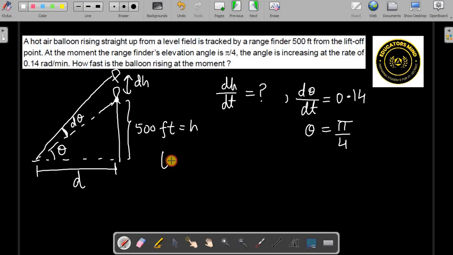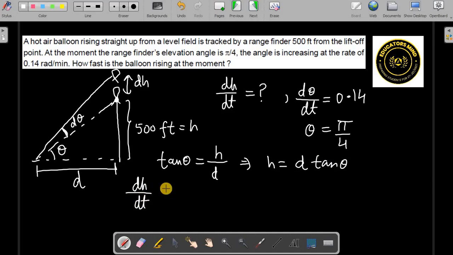Suppose you take tan theta. Tan theta is h by d. D is a constant here, so h is equal to d tan theta, right? Now you find dh by dt. When you differentiate, your d is constant, it comes out, and then the differentiation of tan theta with time.